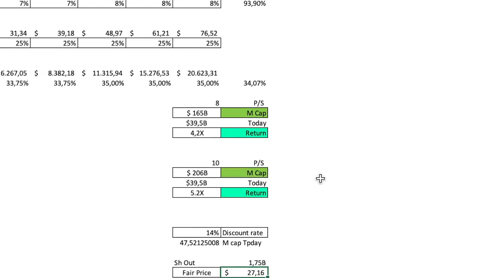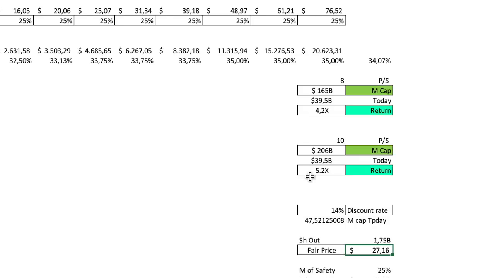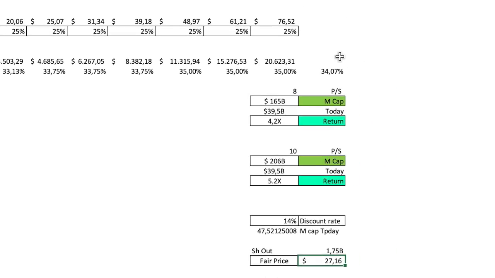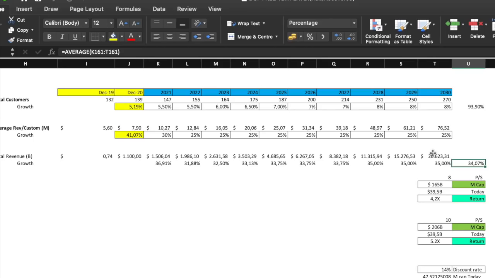But then I also showed you how this particular scenario is obviously more on the bullish side for Palantir, because we cannot deny it. It implies a 34% growth on average during the next 9 years.